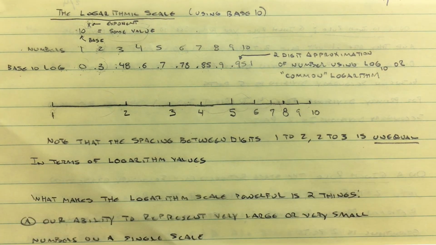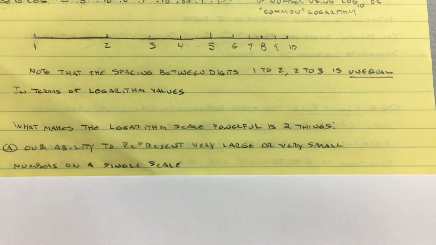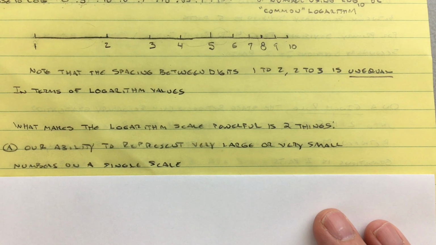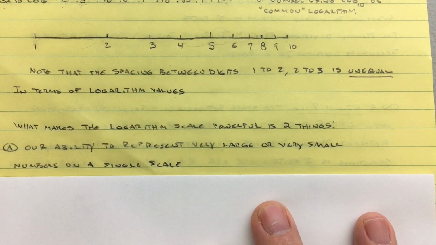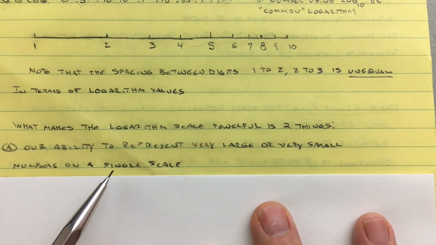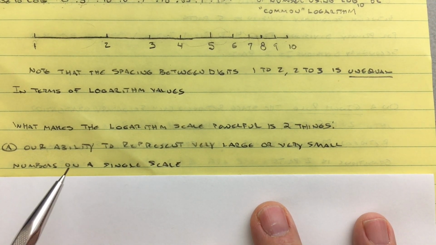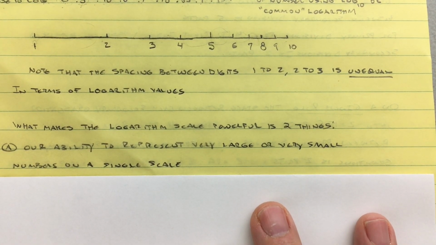What makes the logarithm a very, very powerful tool is two very special things. One, we have our ability to represent a very large and a very small number on a single scale. Try to imagine that I have some scientific phenomenon which can swing between, let's say, 1 and 1 million.